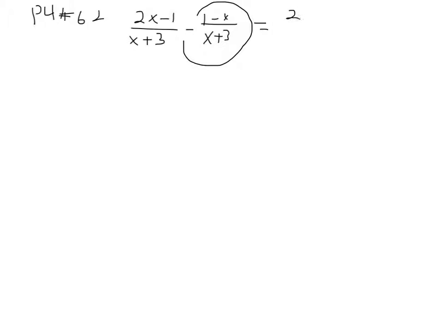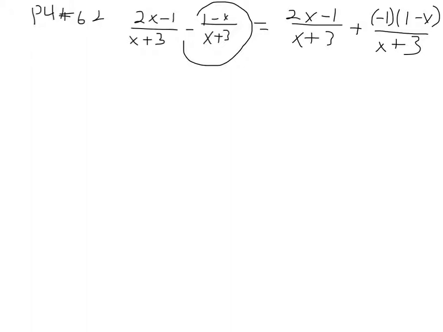So we're going to get 2x minus 1 over x plus 3 plus minus 1 times the entire top. 1 minus x over x plus 3. Right? These two things are equal to each other. Now we have an addition. Okay?